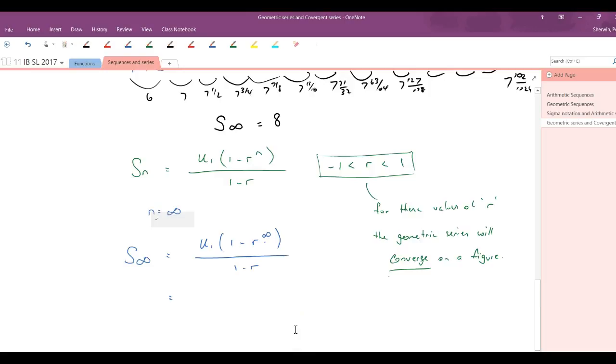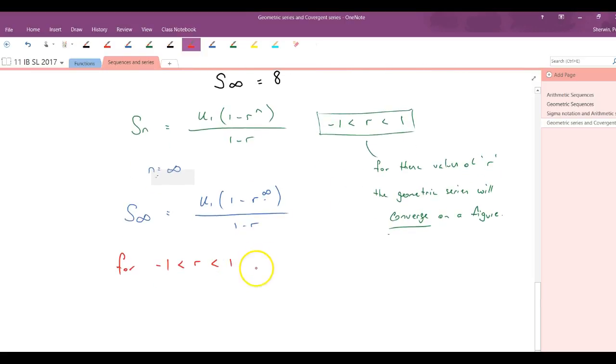So we are going to say that for r between minus 1 and 1, r to the power of infinity is equal to 0, because that's what it's converging on.